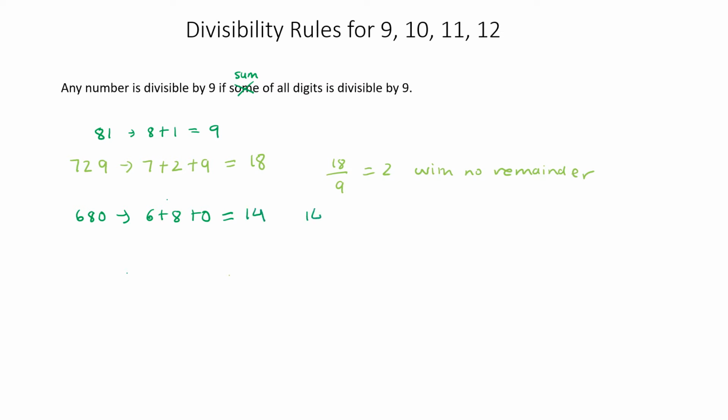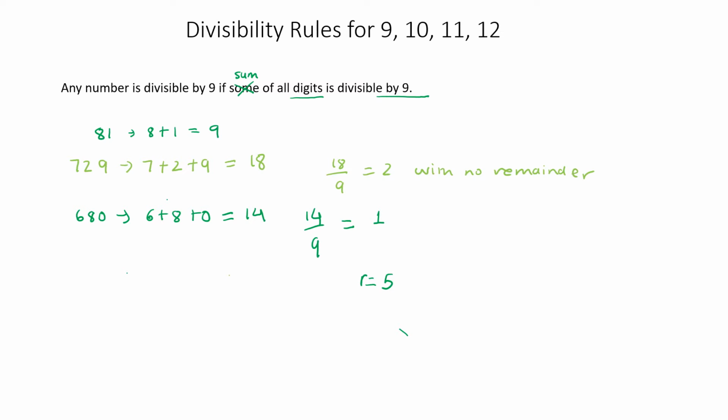Now if I divide 14 by 9, that gives us a remainder of 5 and a quotient of 1. And that shows us that 680 is not divisible by 9 because even though we added all digits, the sum wasn't divisible by 9, proving that 680 is not divisible by 9.